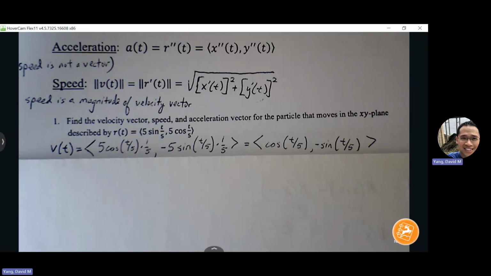And find your acceleration. Acceleration is the derivative of your velocity in horizontal and vertical component.